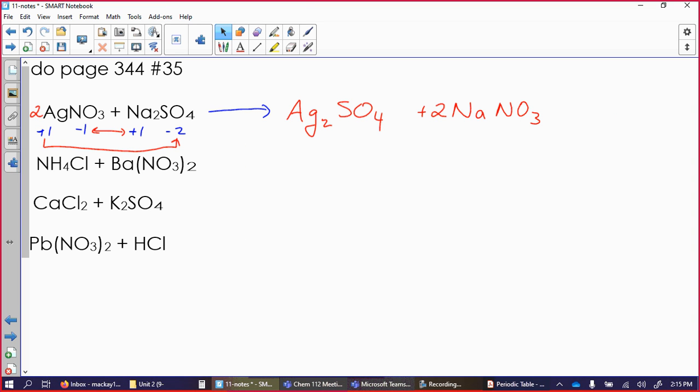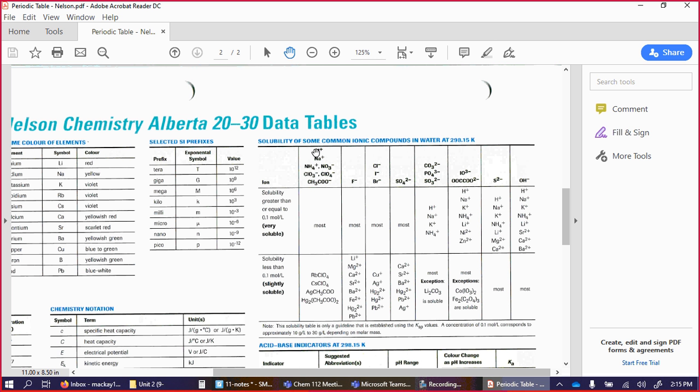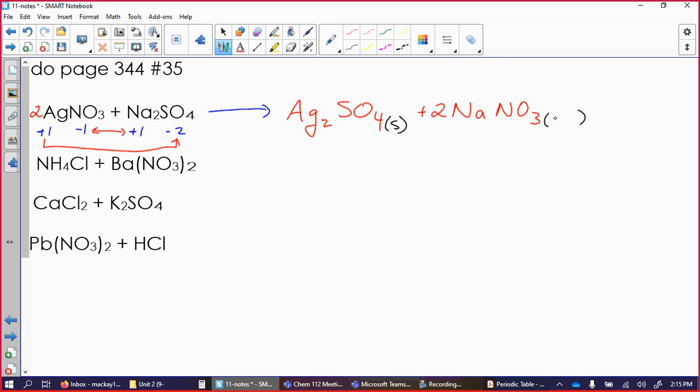So this one has low solubility. So that's a solid. If this was all done in water, nitrate is here. There's no nitrates. All nitrates are soluble. So this would be aqueous. We can do the same thing for all of these.